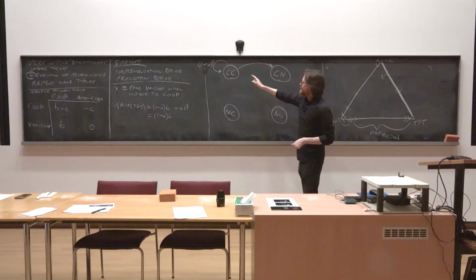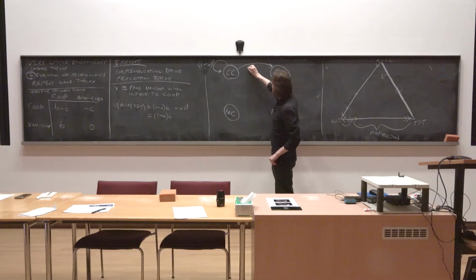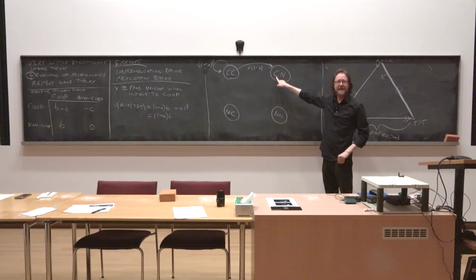Other things can happen. We could transition to this state. What's the probability that we transition here? It's (1 minus x) times x. Why is that? Let's think it through. If you intend to cooperate again, then you made the mistake, and the other one didn't, because the other one is going to copy your defection from last time.